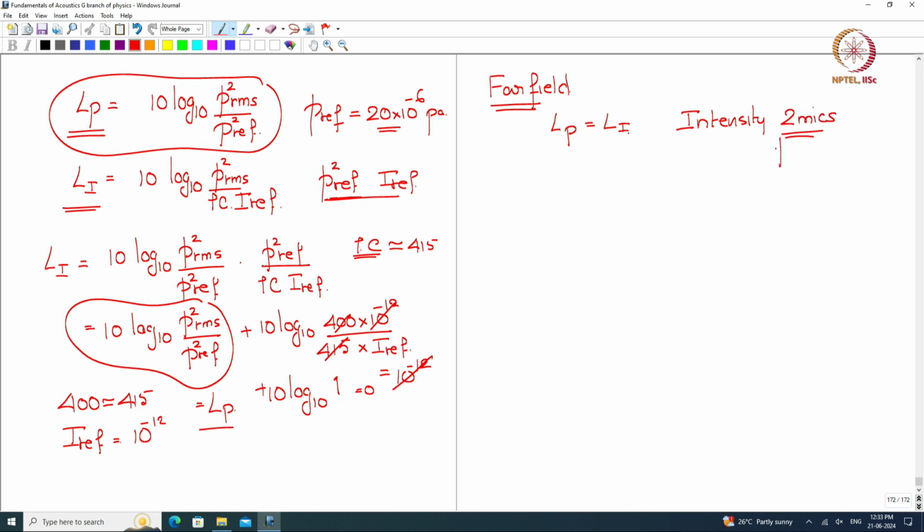You have to measure pressure, you have to measure velocity, velocity is the gradient, etc. But the way we have arranged the reference values, LP, which is taken with a single microphone, is equal to LI. So once you have your LP which is equal to LI, you can get your intensity level.